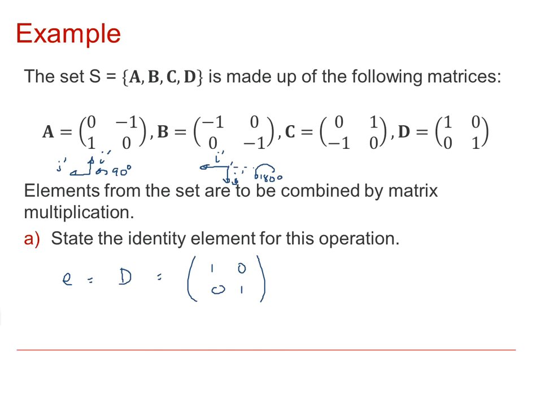And finally C, I dashed at 0, -1, and J dashed at 1, 0, and that one is a 90 degree rotation in clockwise direction about the origin.